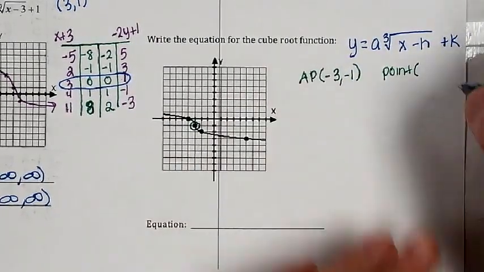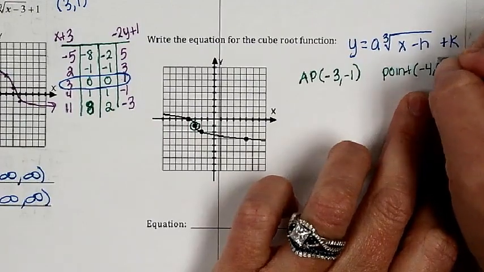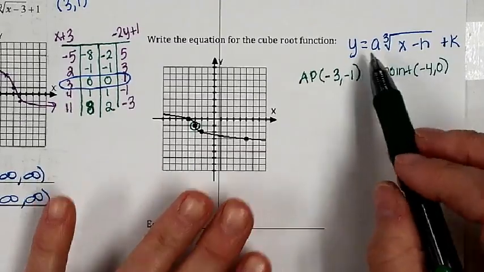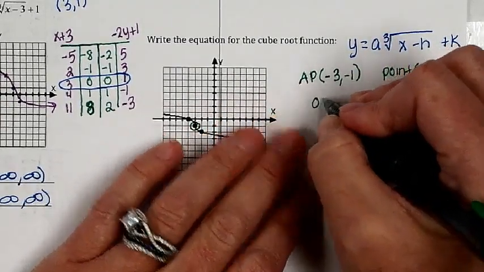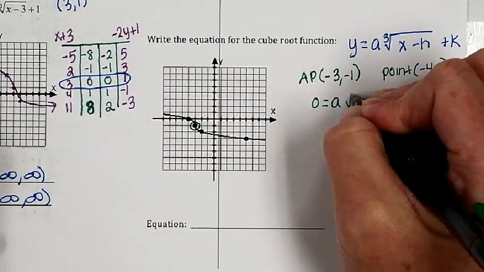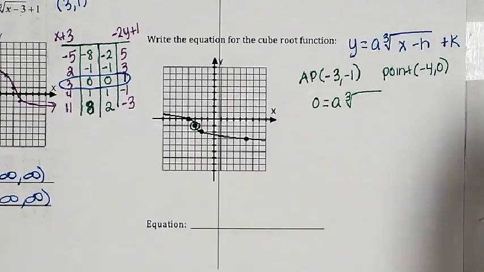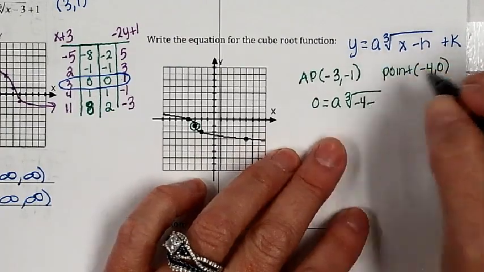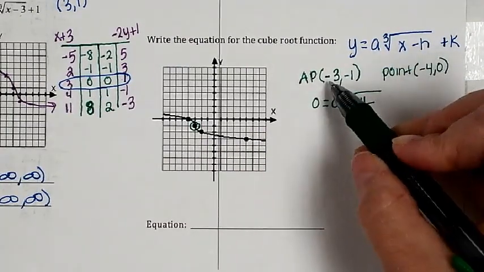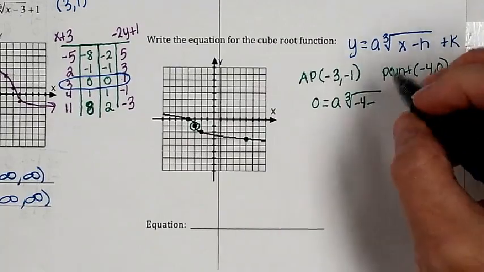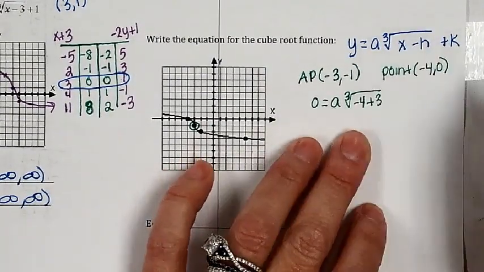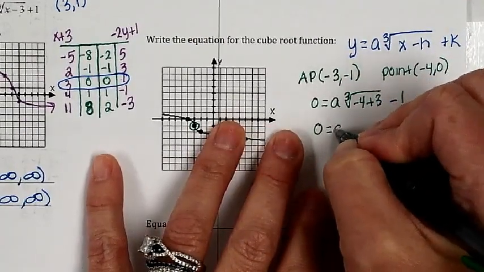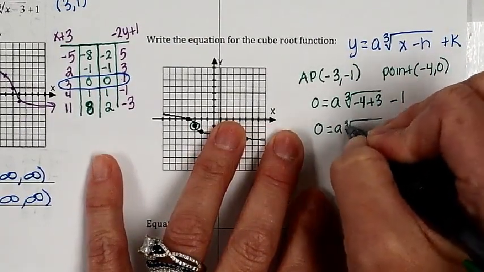So plugging into the equation, the y value of the point is 0, equal to a, then the cube root of the x value of the point, -4, minus h. The x value of the anchor point is -3, so this becomes a plus 3, and then minus 1. So 0 is equal to a cube root of -4 plus 3, which is -1, minus 1.